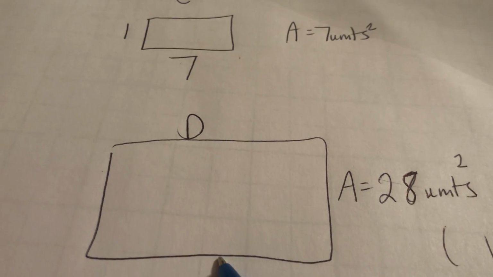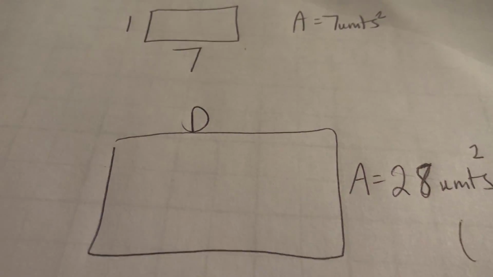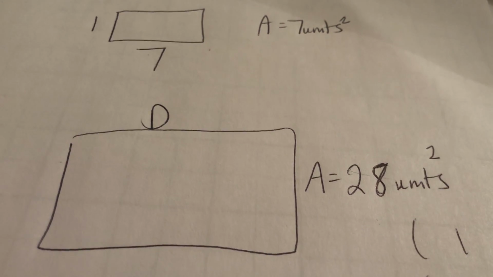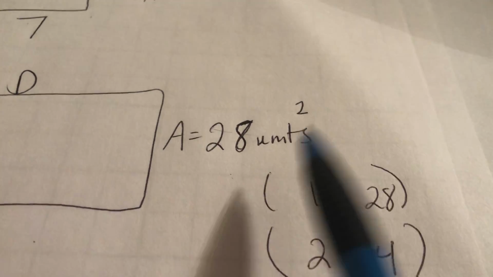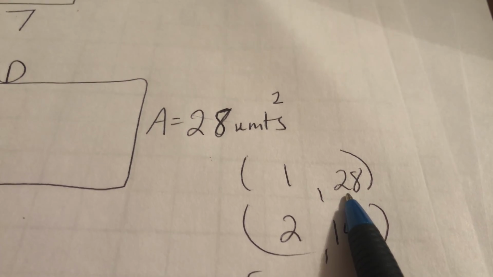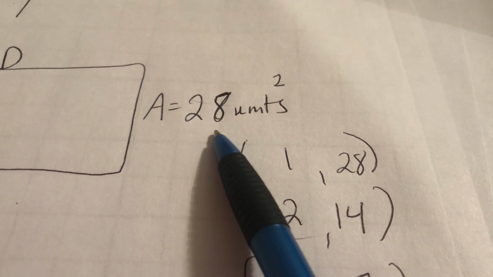So we have to think about what scale factor could I have used to scale these to get an area of 28 square units. Well, let's think about the factors of 28. We have 1 and 28. We have 2 and 14 that multiply to get 28.